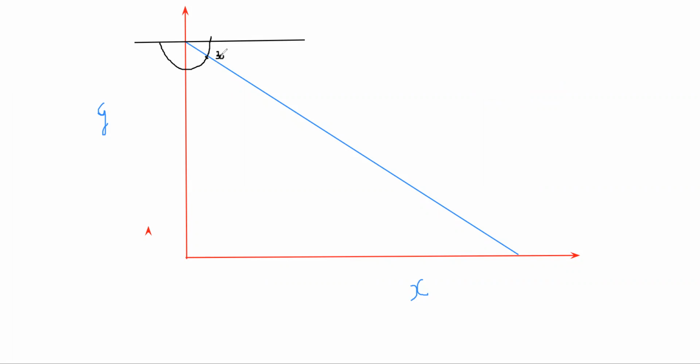For example, this angle will be 30. Then you will draw another horizontal line and use a protractor and measure this angle. Again, you will find that this angle is 30. So if the angle is not changing, if the angle is constant, it means the slope is constant.